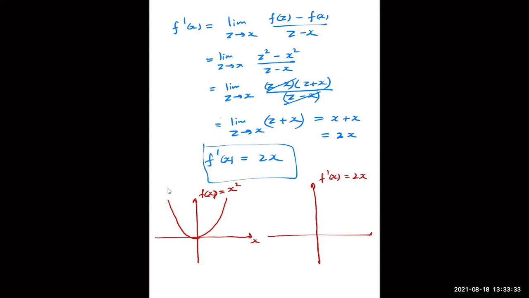And what is the graph of f prime of x equal to 2x? It's a straight line, right? This is y equals mx plus c form. Of course, your value of c is 0. So you get a straight line like this.